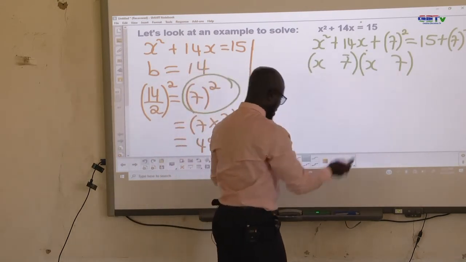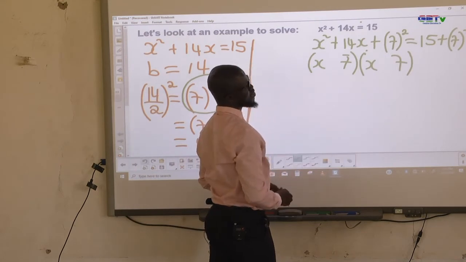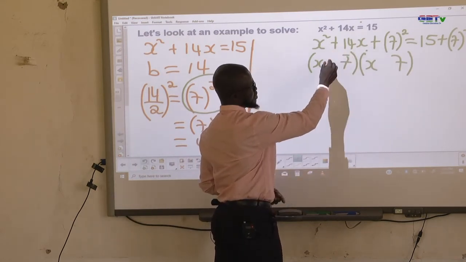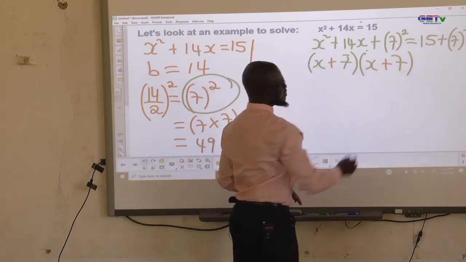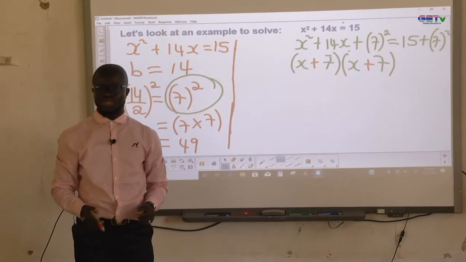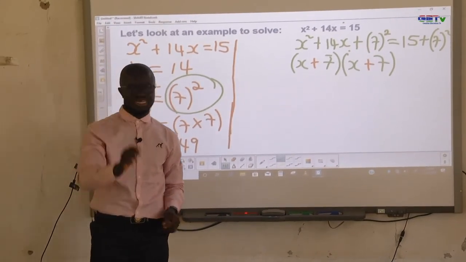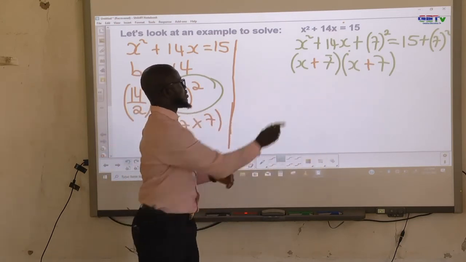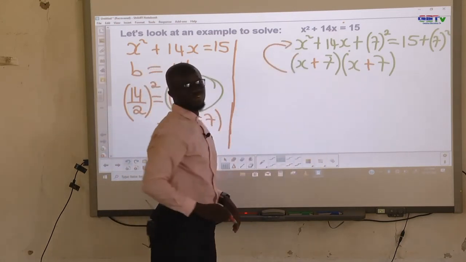Now, if these are factors, what is going to be the signs? It is a positive expression. Since all the signs are positive, this is going to be what? x plus 7 in bracket, x plus 7. And I want to make this clear to you that if these brackets are expanded, the answer will go back to that.